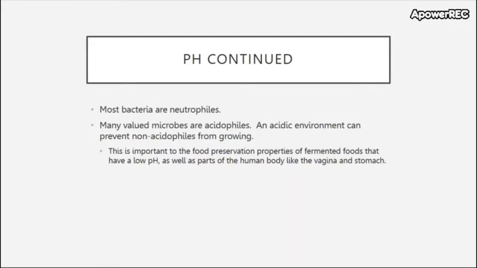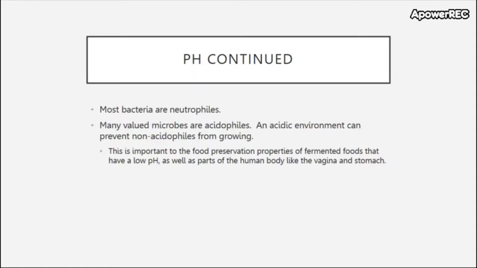So most bacteria are neutrophiles. Most environmental conditions are neutrophilic on planet Earth. However, there are many valued microbes that are acidophiles. An acidic environment can prevent non-acidophiles from growing, and a lot of acidophilic microbes are actually human-friendly.